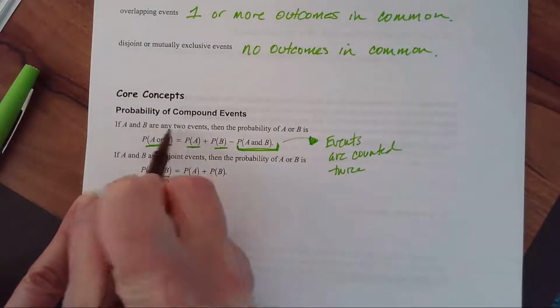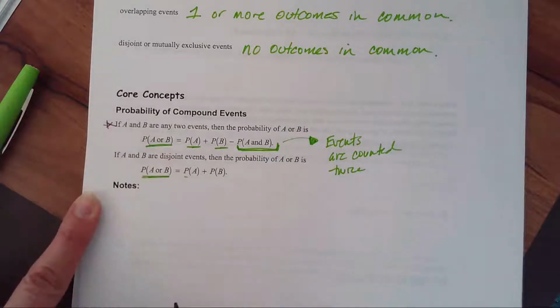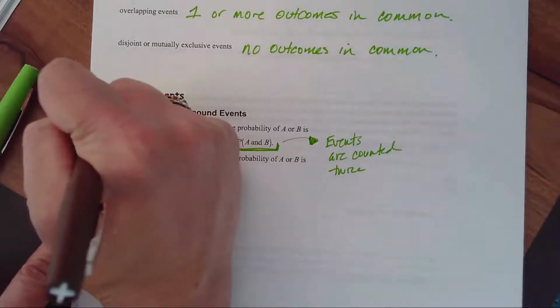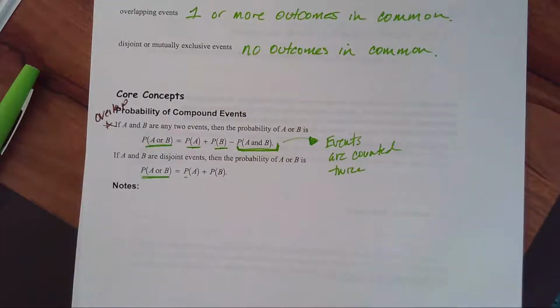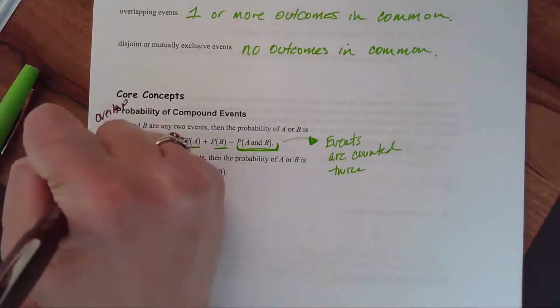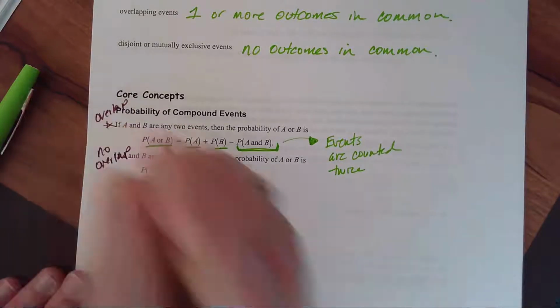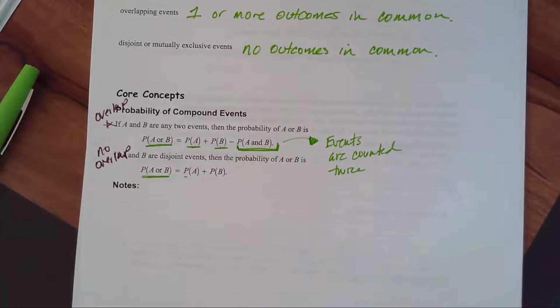In most cases there's going to be an overlap. There could be a scenario in which it's Tuesday and it's raining, so we have to subtract out. We don't want to count it twice. In the second one, disjoint events means that there is no overlap. So that's what we're getting at today.